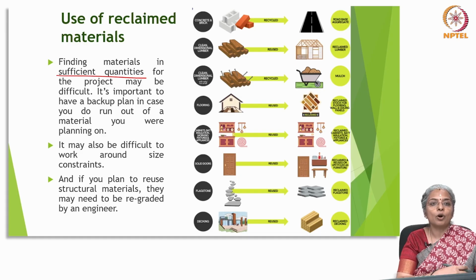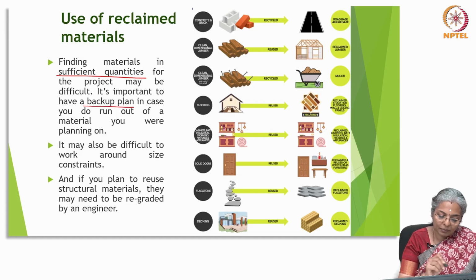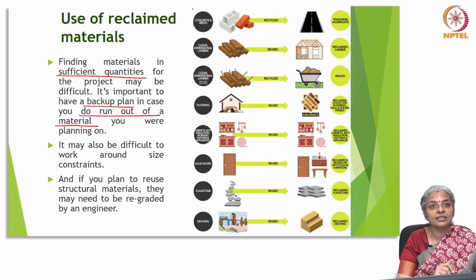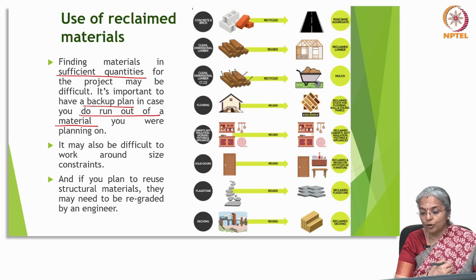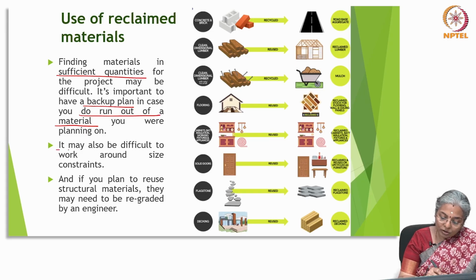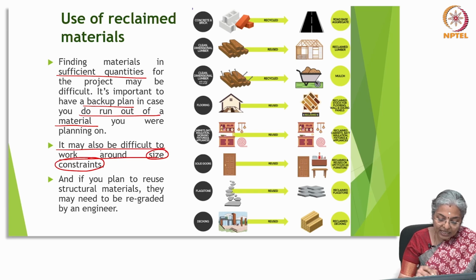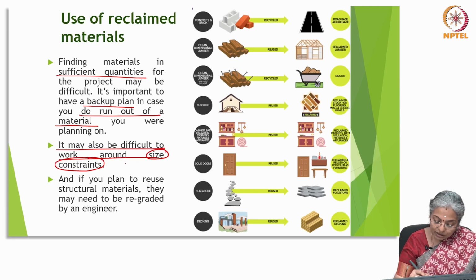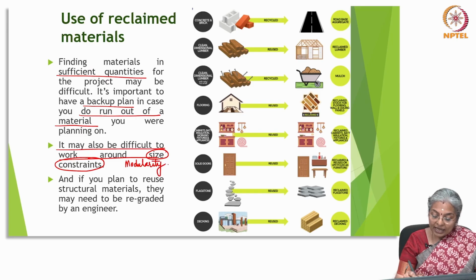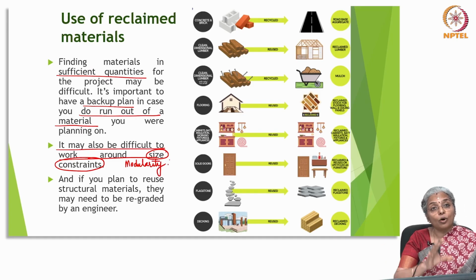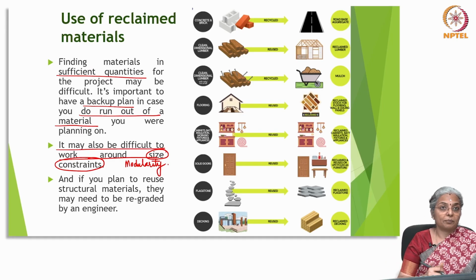So, it is important for you to have a backup plan in case you do not get sufficient materials that you were actually planning to use. It may also be difficult to work around size constraints unless we start bringing the concept of modularity into the overall building industry.